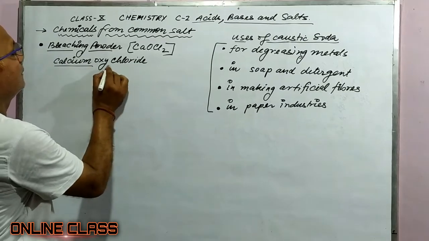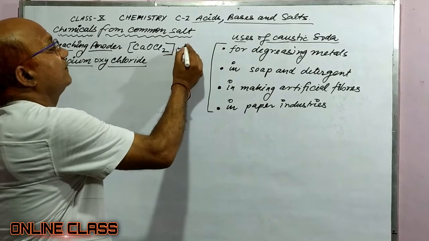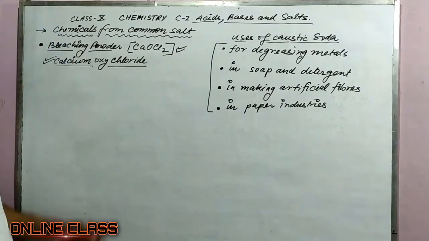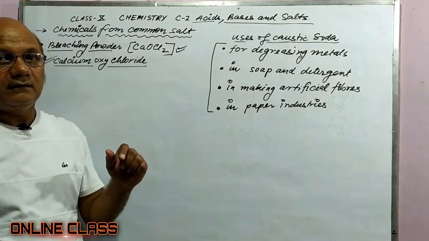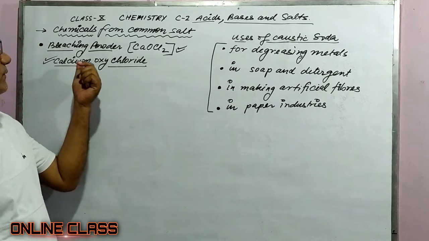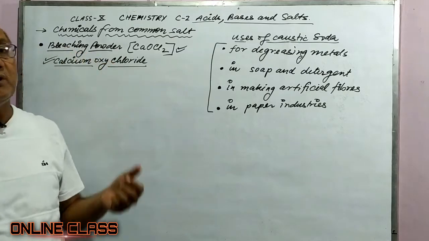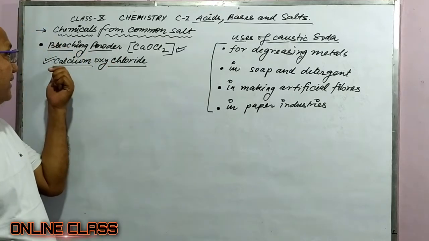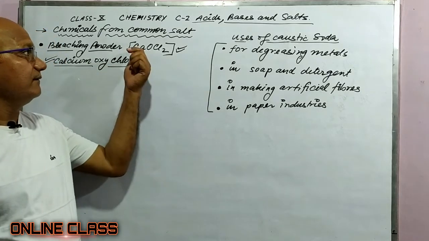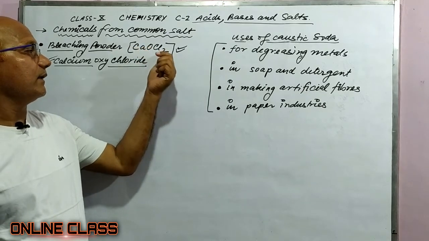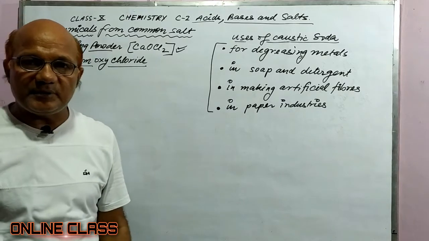So, this is chemical name, this is chemical formula and this is commercial name. If it is asked what is commercial name of calcium oxychloride, you can answer bleaching powder is the commercial name, the chemical name is calcium oxychloride and its chemical formula is CaOCl2. Okay.